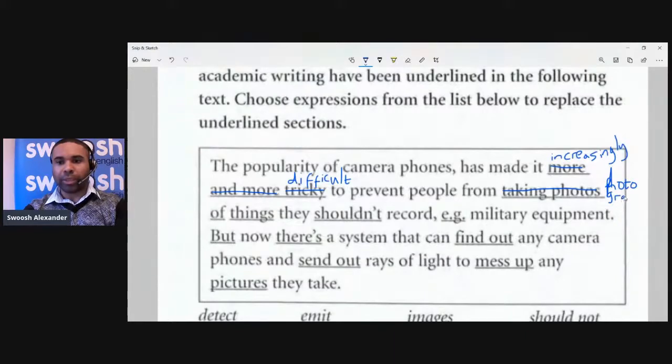Not got a lot of space here, but just get that word in at the side. Yep, so that's photographing that we've got just there.